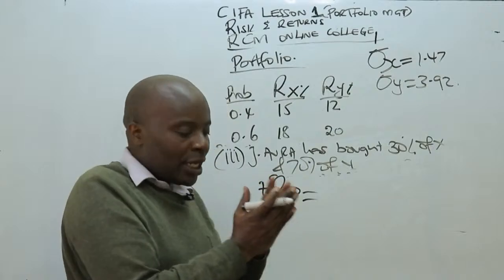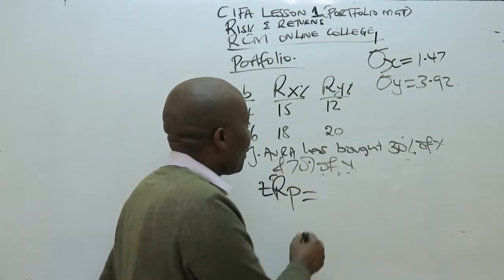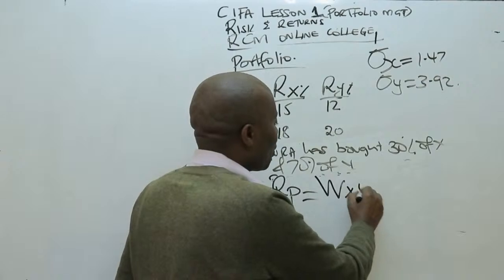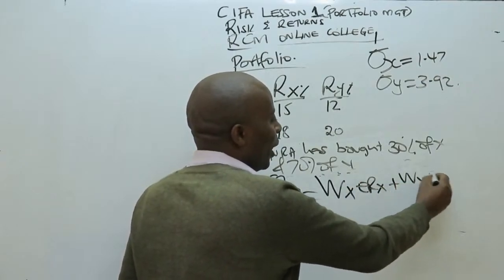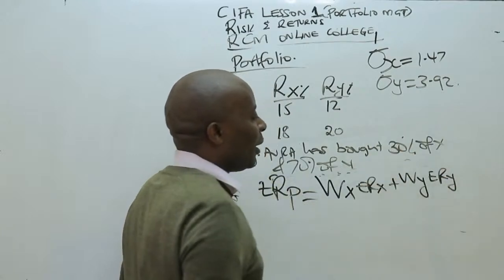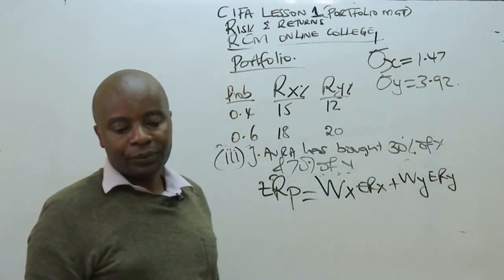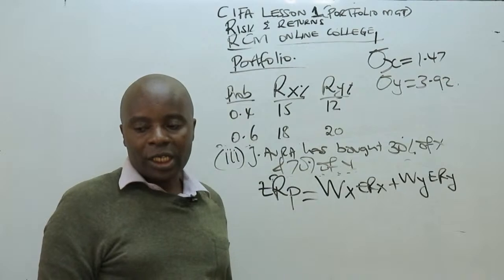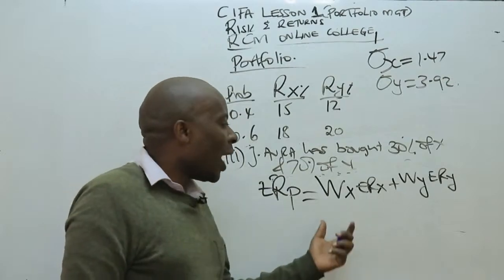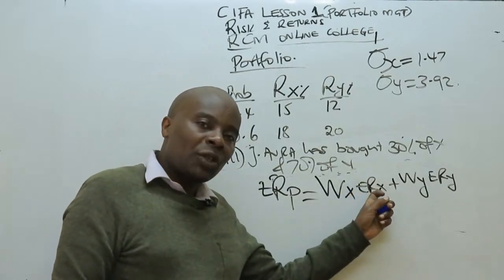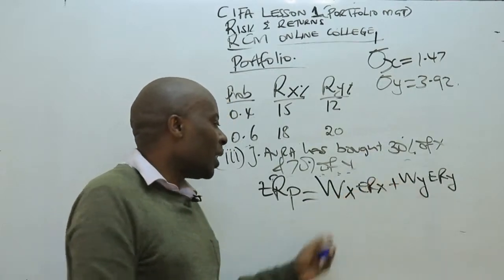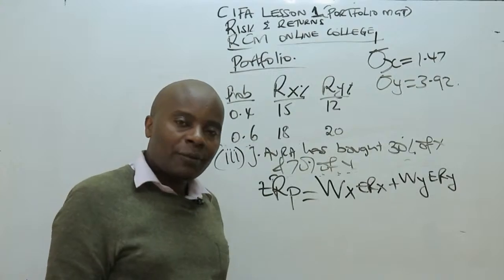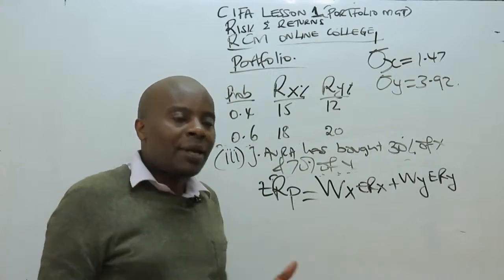Under the weighted average concept, you take the weight of X times expected return of X, plus weight of Y times expected return of Y, because I consumed something small from X, and as well something small from Y. So this W stands for the weights. W are the investment proportions.